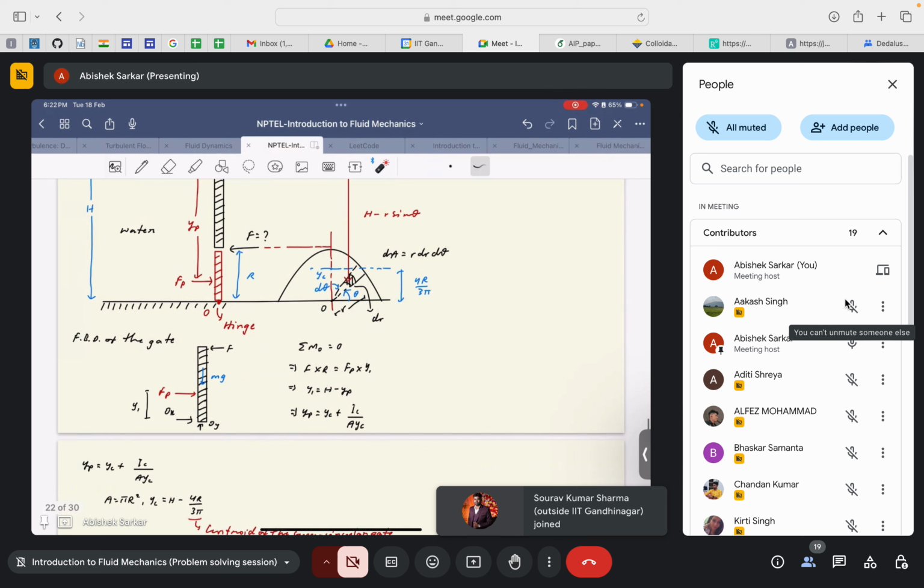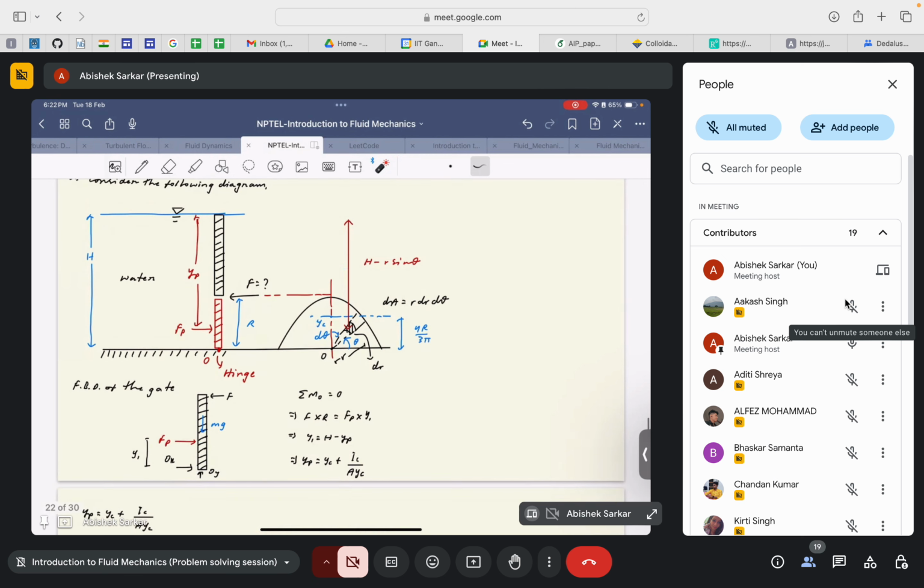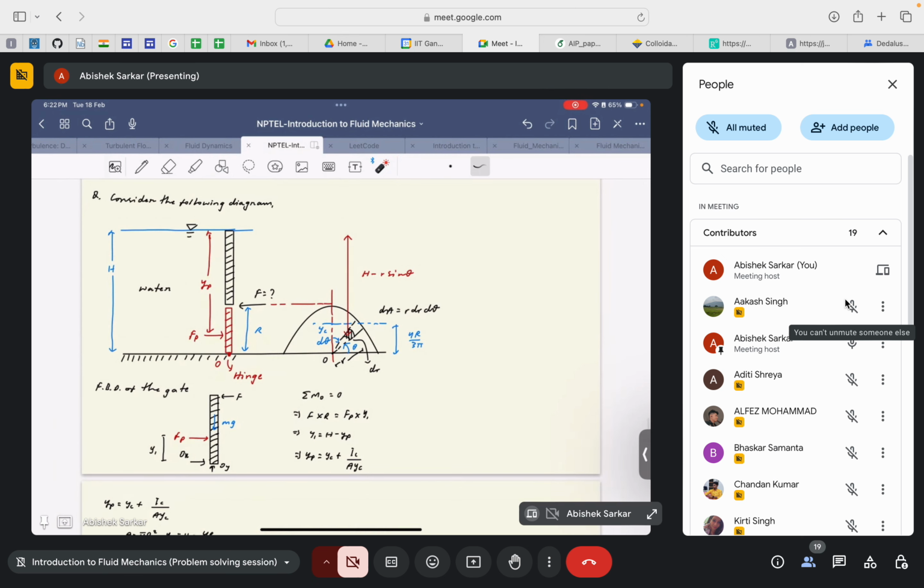So let me zoom out a bit. Let us consider the free body diagram of this particular gate, since this is the region of interest in this particular problem. So the mass of the gate will act in the negative z direction, and it will be balanced by the reaction forces in the y direction at the point O. Then the force F acts on the upper edge of this gate as shown in this diagram.